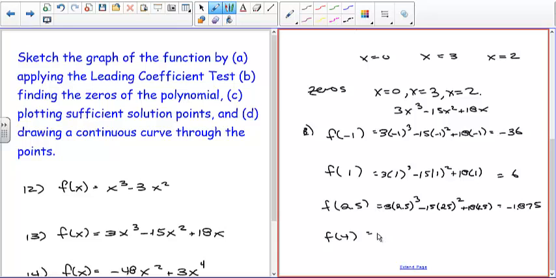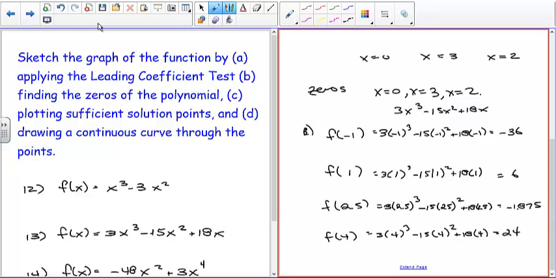And then for f of 4, should be a positive number. So we get 3 times 4 cubed minus 15 times 4 squared plus 18 times 4 is 24.